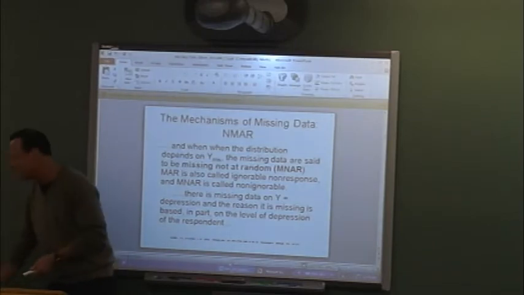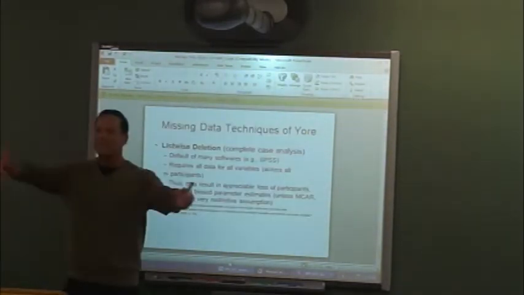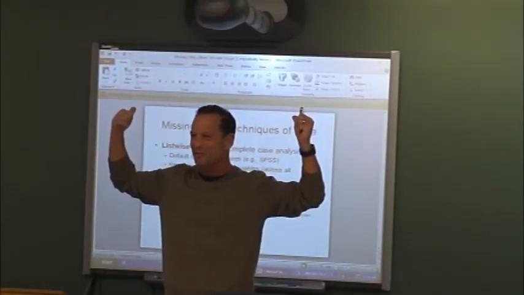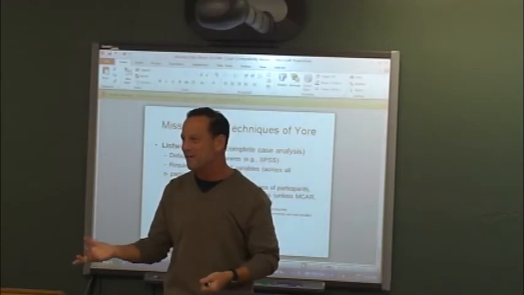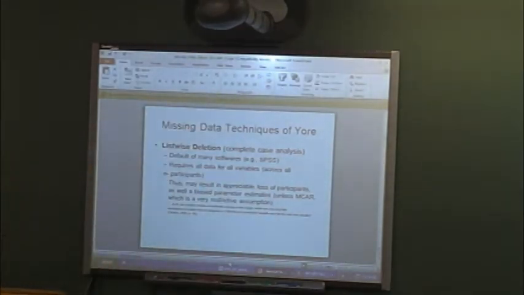So anyway, there's missing data on depression. This is what computers do, you guys. This is what all the multivariate techniques will do: listwise deletion. This is what the repeated measures, your MANOVAs, all the fancy schmancy stuff you're going to learn in this class, discriminant analysis, canonical correlation, multivariate regression, all those are going to have listwise as the default. Complete case analysis.